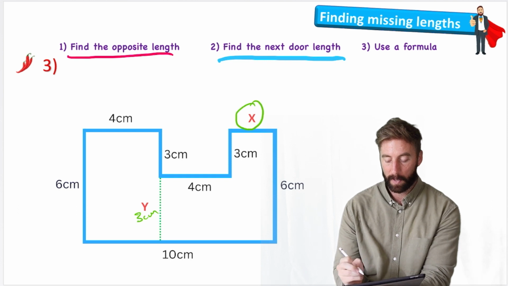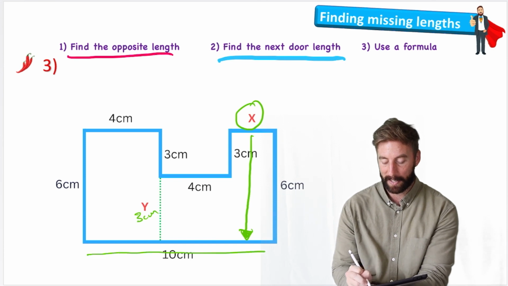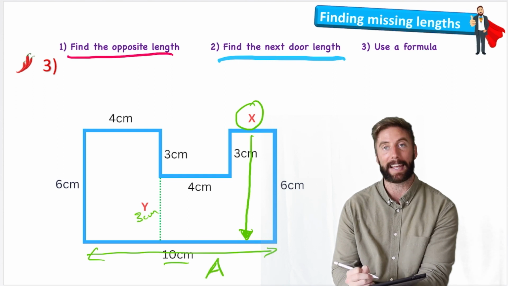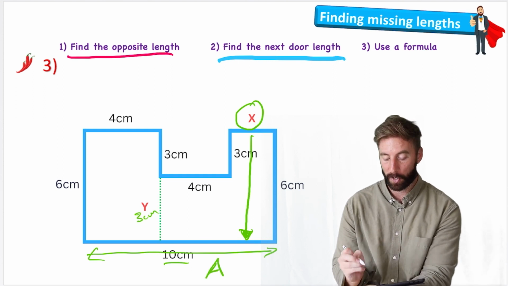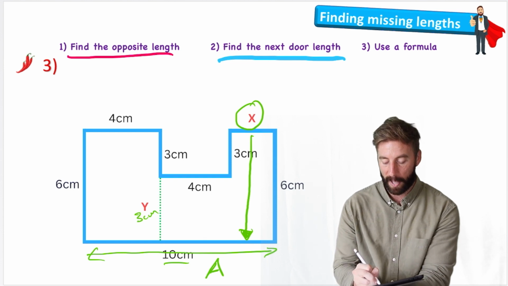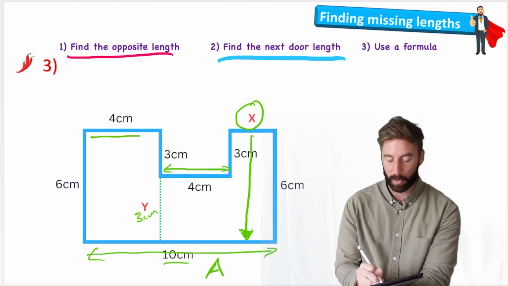X is up here. First things first, I'm going to look for that opposite length, and my opposite length is this great big length at the bottom, 10 centimeters, that I'm going to label A. Now this is where it's a little bit more challenging, because look, if I look next door for my other useful lengths, I can see that I have one length here that's going to be useful, because this is a part of my 10, but I've also got to have this one here.